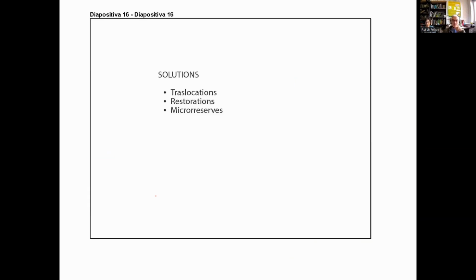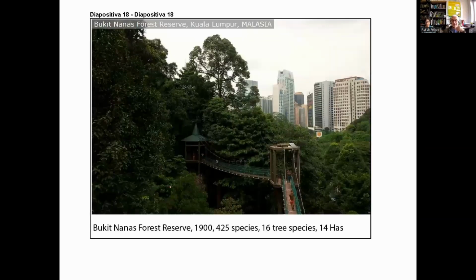Talking about solutions, we are going to talk only about micro reserves, because it's quite tricky to see natural areas like this in cities. This is an example of a micro reserve, really small, like 14 hectares, maybe like 7 football pitches.